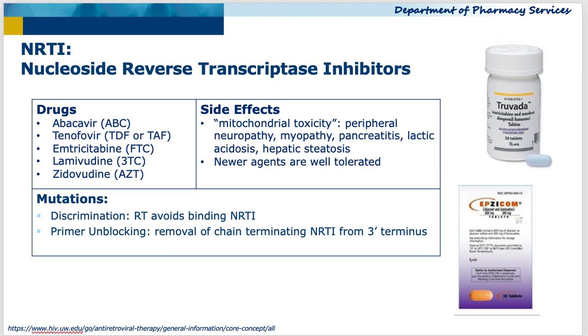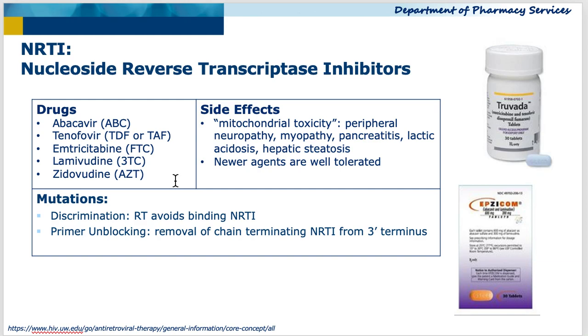Here are some examples of currently approved NRTIs. We have a couple different agents here: abacavir, tenofovir, emtricitabine, lamivudine, and zidovudine. A lot of these agents are co-formulated, which means that they are made together because they're always essentially going to be given with another NRTI, right?